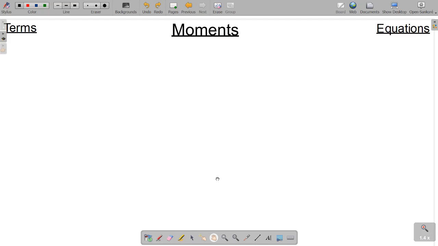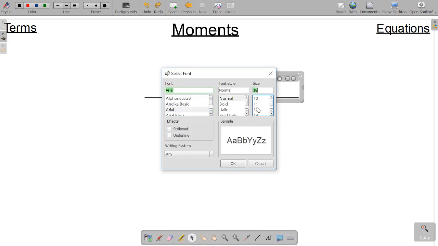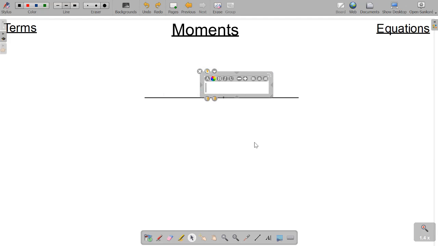Okay, so first let me start with the definition of moment. Let's say you have an axle rotating about a pivot. So here is a pivot.